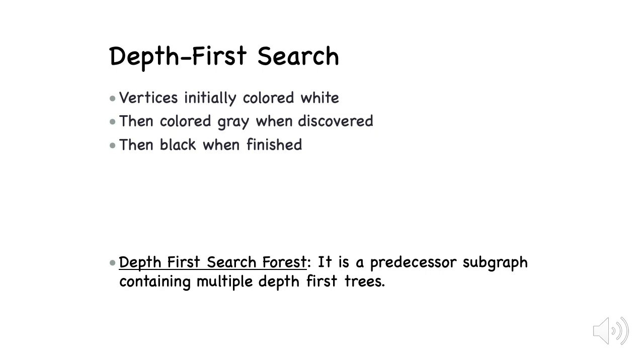So each path which can be traversed from a node is considered to be another depth first tree. Multiple depth first trees form a depth first search forest. Just remember this word. We will come to it later when we go through the examples.